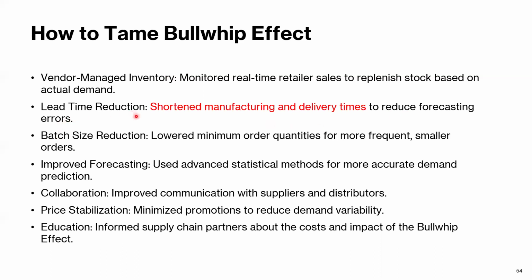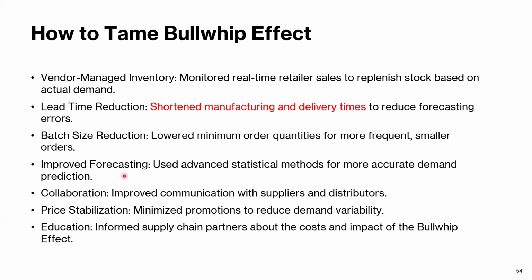So it may take 2 weeks to produce, but you can produce in a shorter time frame and make a quick delivery. A batch size reduction is also possible because you have a certain number of products to manufacture, and then you will do it frequently.